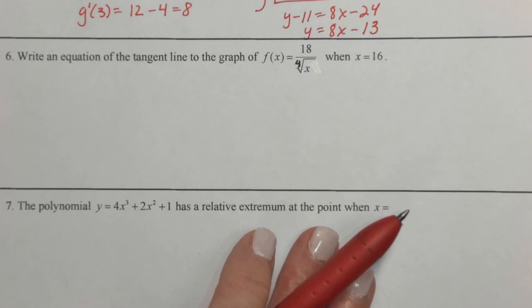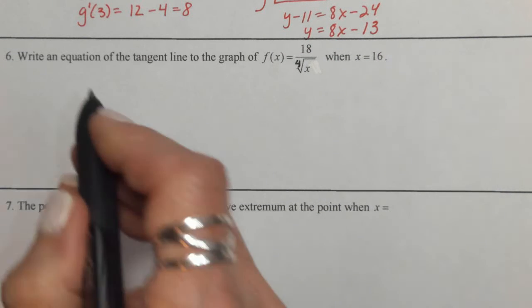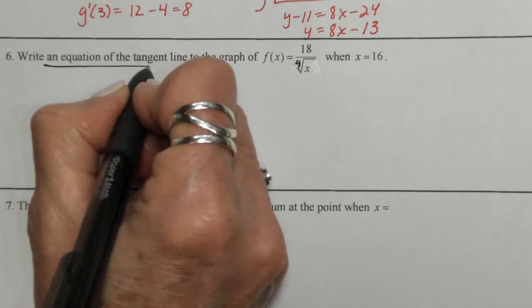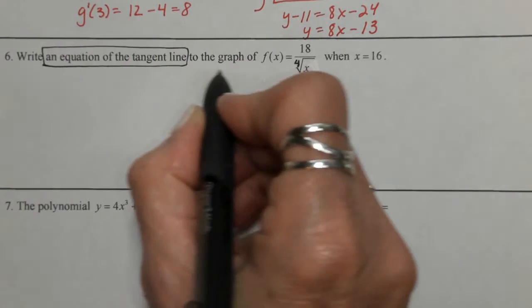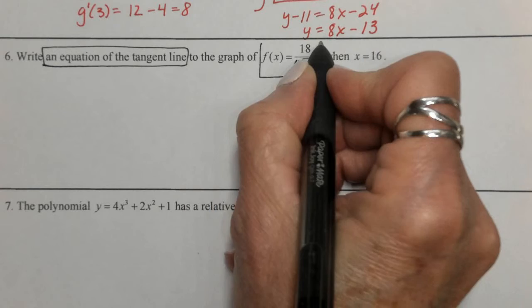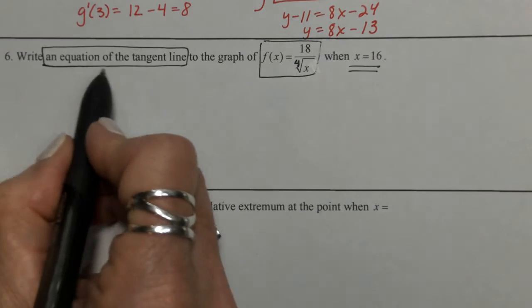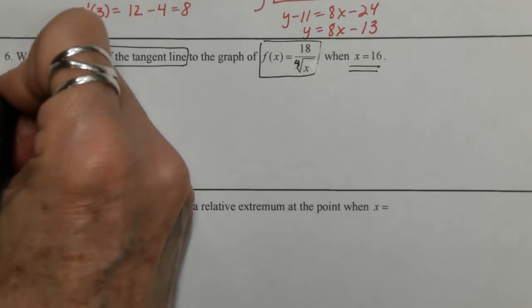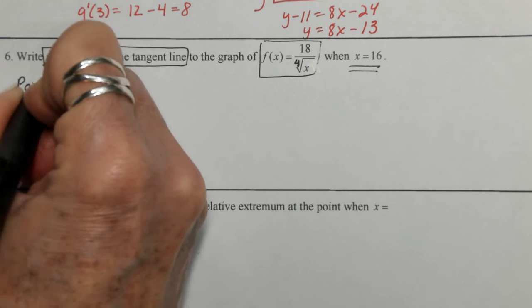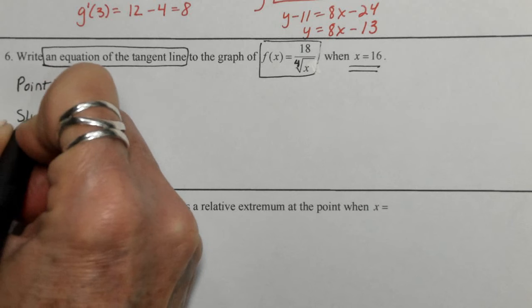Okay. Number 6. Write an equation of the tangent line to the graph of this function when x is 16. So anytime we're asked to write an equation of a tangent line, I think point and slope. Point and slope.